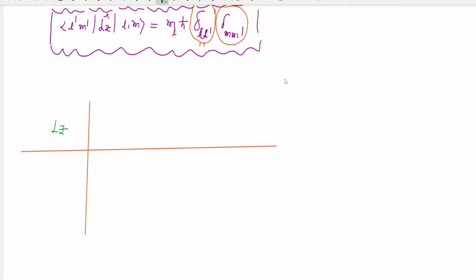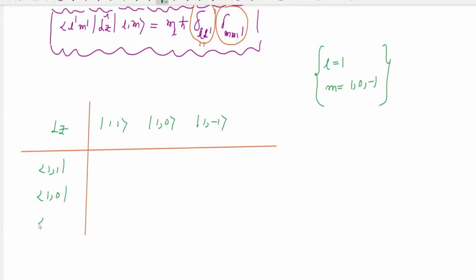So what are the L values and M values? L equal to 1, right? M equal to 1, 0, minus 1. Quantization rules. Then you can write the same things here. This is 1, 1. This is 1, 0. This is 1, minus 1. Same thing here also, bra vectors 1, 0 and 1, minus 1.